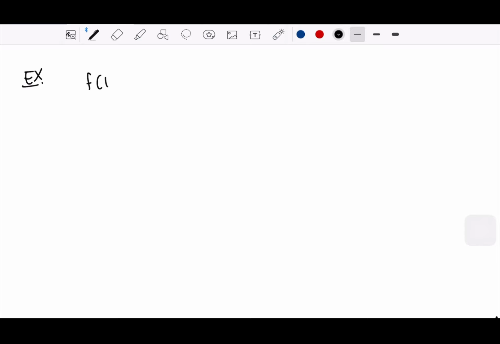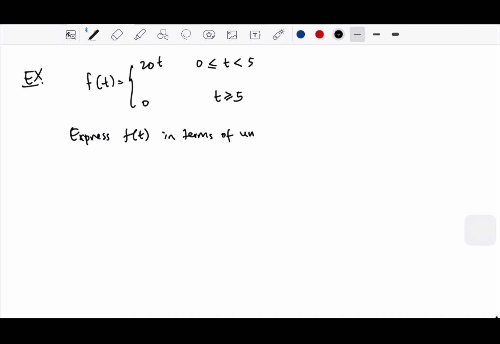So let's say we have f of t. Express f of t in terms of unit step functions.